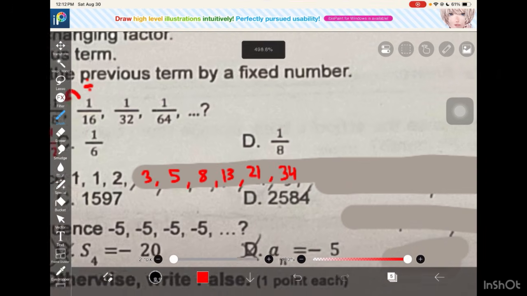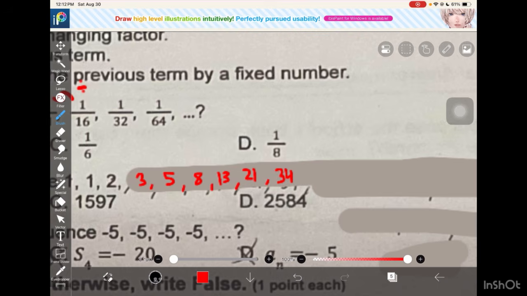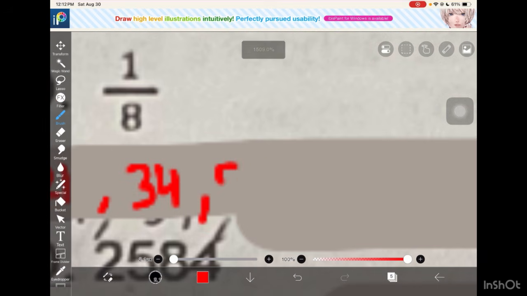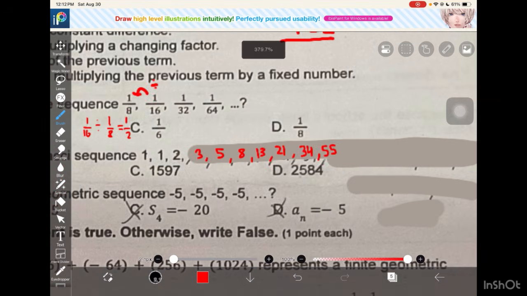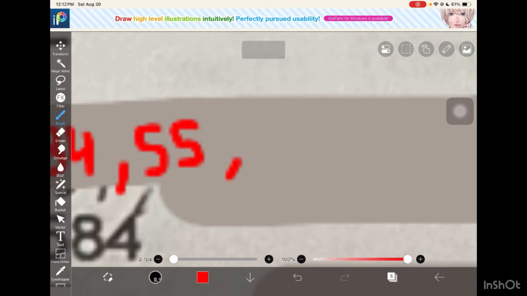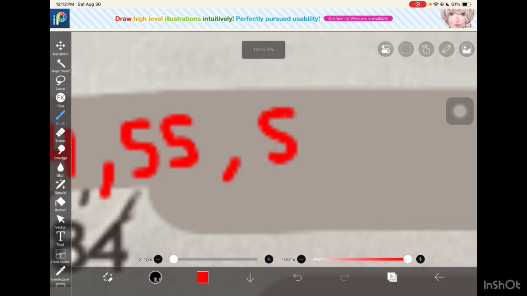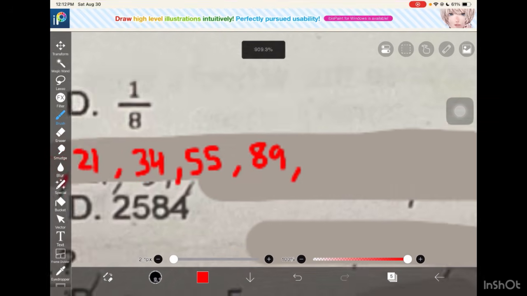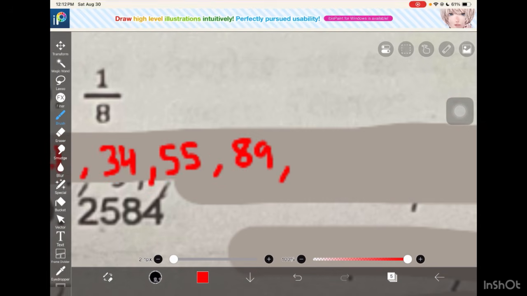For the next one, 21 plus 34 is equal to 55. This is going to be our 10th term. So next is our 11th term, 55 plus 34. That's equal to 89.